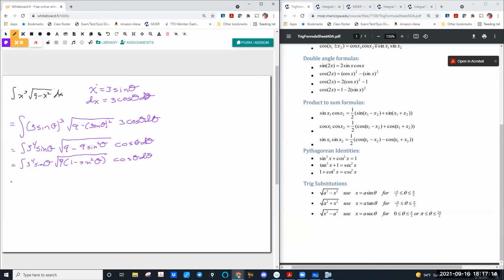So what happens next? If you want, you can take the 9 out of the square root, make it a 3. We're going to be doing that anyway, so we'll do that next. Usually I'd write the 3 to the 4th, but I haven't done it yet, so we'll do it in the next step. This is going to be square root of 9 cosine squared theta. So let's note, we're using a Pythagorean identity.